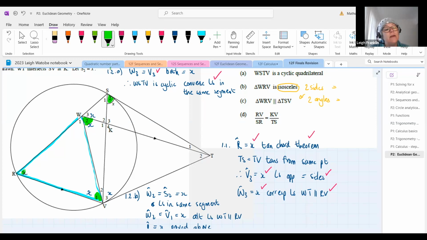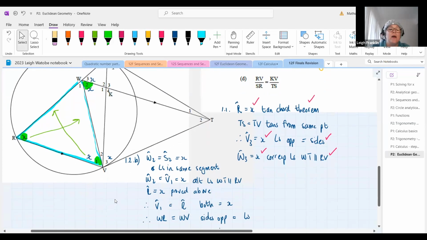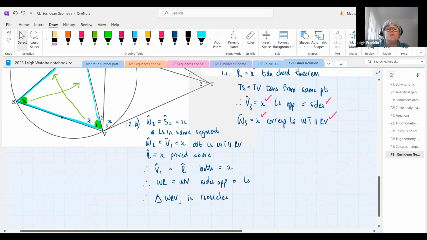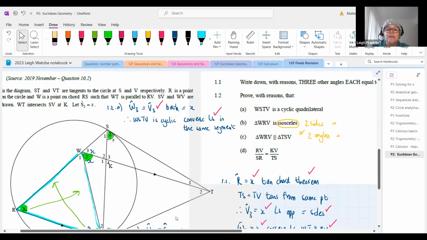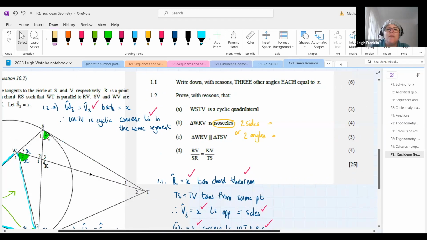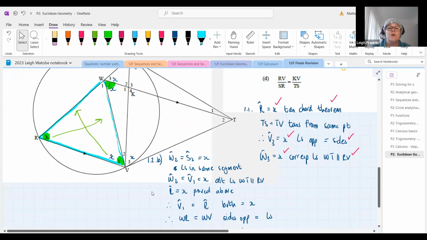And V1 is equal to R because they're both equal to X. Thus, the sides opposite those angles are equal to one another. So side WV is opposite angle R. Side WR is opposite angle V. And if we have two sides of the triangle equal, then the triangle is an isosceles triangle. Okay, so that is a little bit more difficult now. That was out of 4 marks.